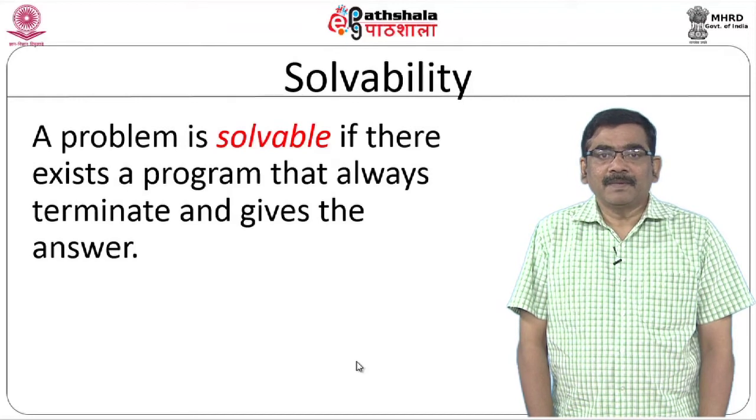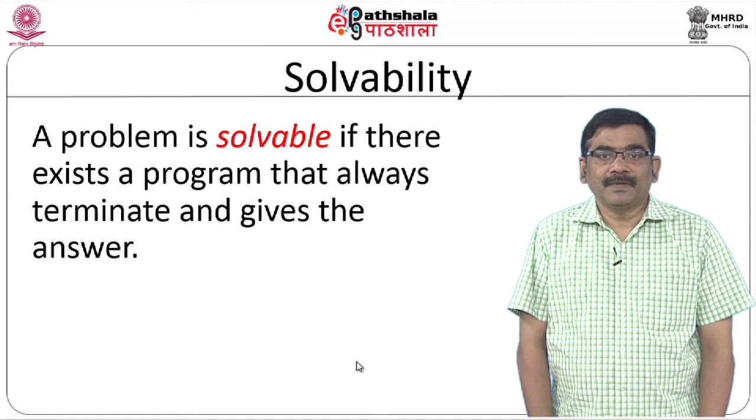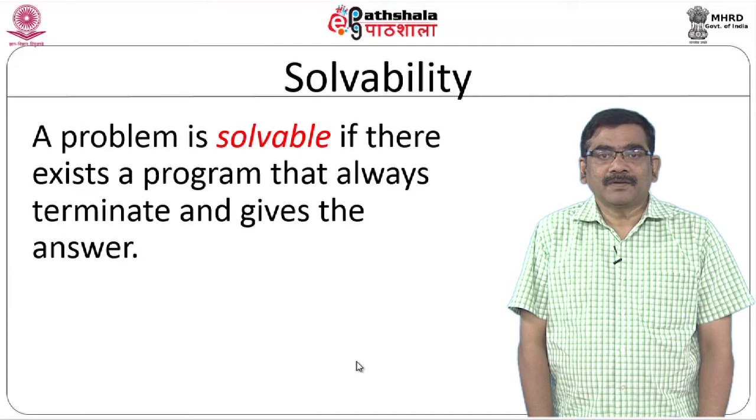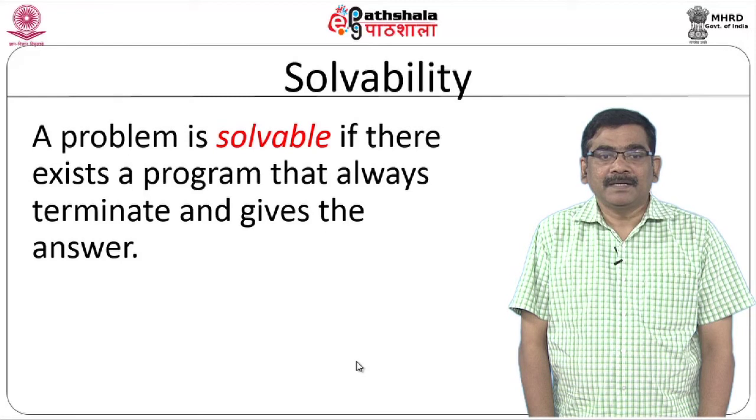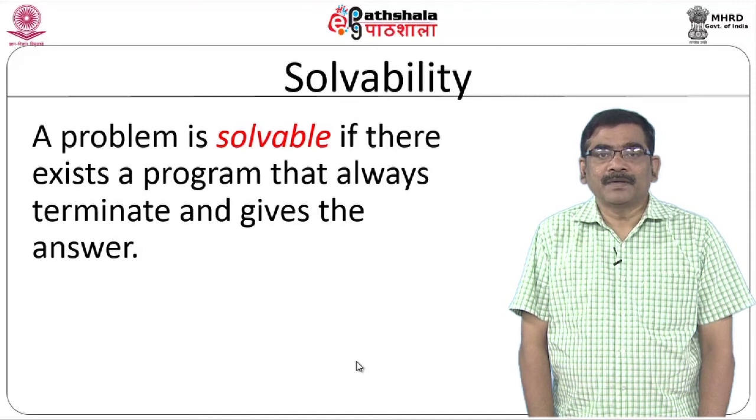For any given problem, solvability is an important criterion. So, what is solvability? A problem is solvable if there exists a program that always terminates and gives the answer. In other words, if there exists an algorithm that terminates and also gives answers correctly, then the problem is said to be solvable.